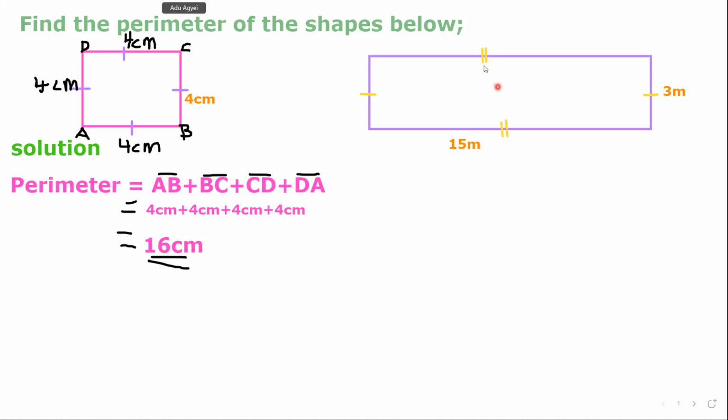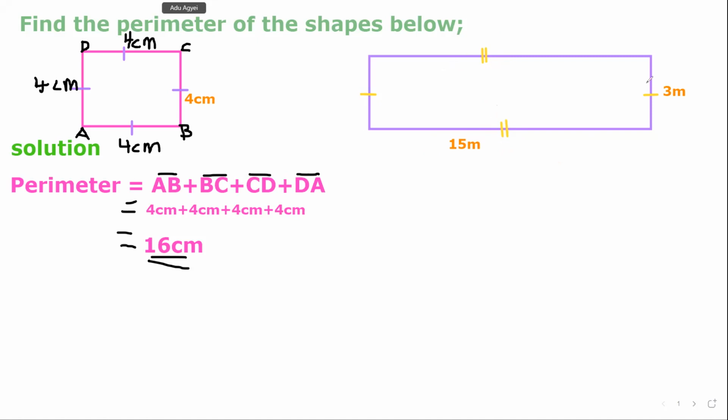Now looking at the length here, the top length and the bottom length here are also the same. They have the same 2 marks on them. That also indicates that these 2 lines are also what? The same.